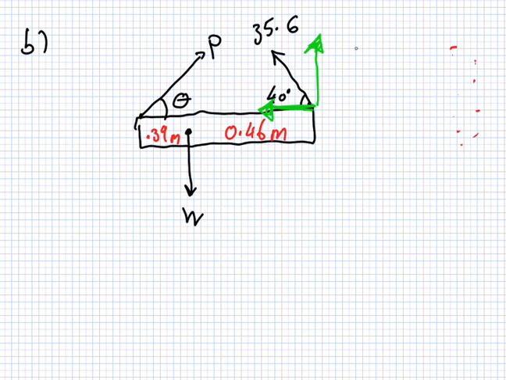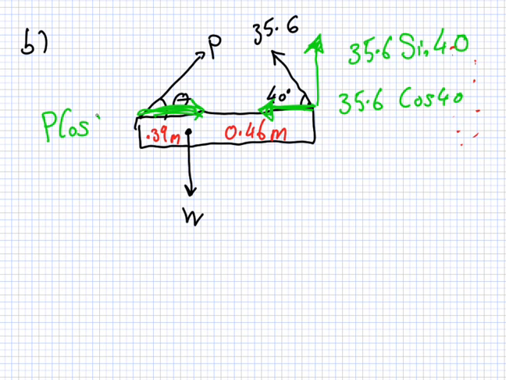This piece here is 35.6 sine 40, and this piece here is 35.6 cos 40, and then this piece here is P cos theta, and this piece here is P sine theta.